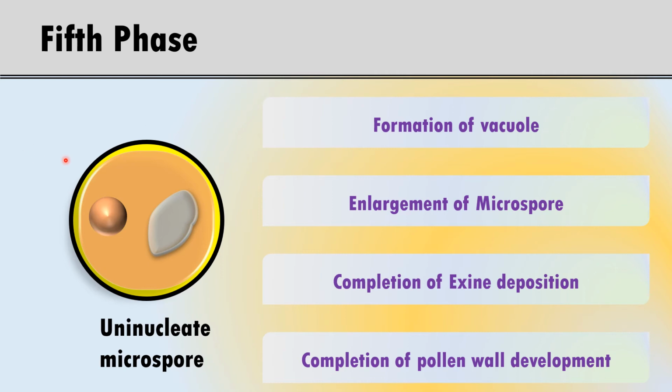So in this particular phase, all these processes take place: formation of vacuole, enlargement of microspores. You can observe the vacuoles and nucleus, completion of exine deposition, and the pollen wall also gets formed.